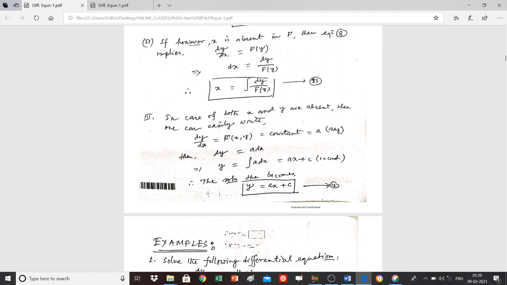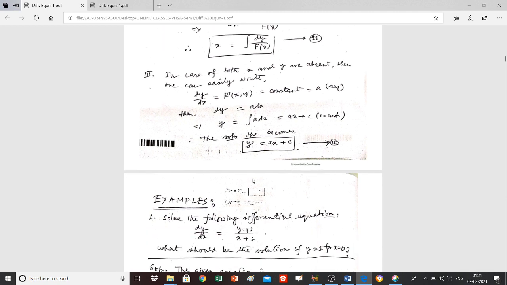Then you can write dy/dx is equal to a, or dy is equal to a dx. If you integrate this equation, it will give you y is equal to the integral of a dx, and after being integrated, this will result as ax plus c, where c is a constant. So the solution is y is equal to ax plus c, and this c and this a are constants.